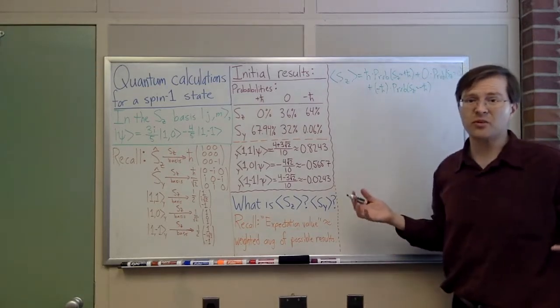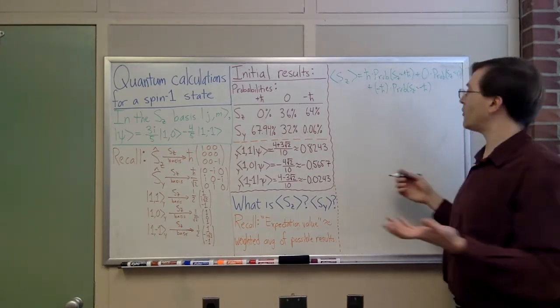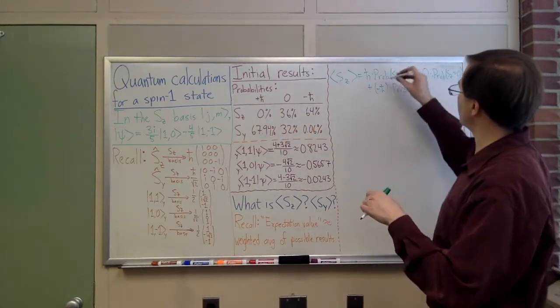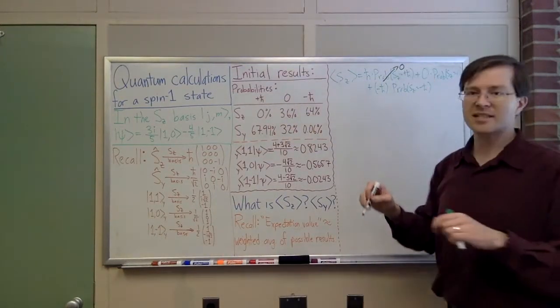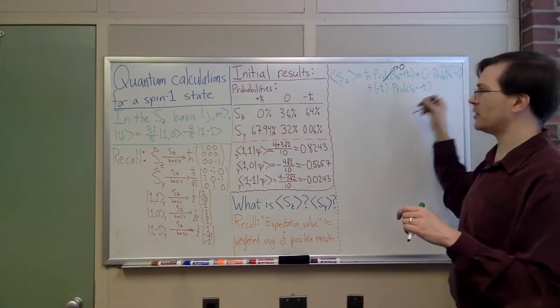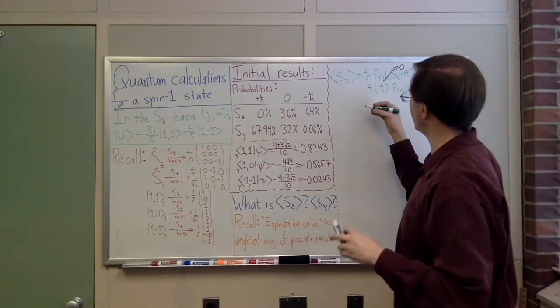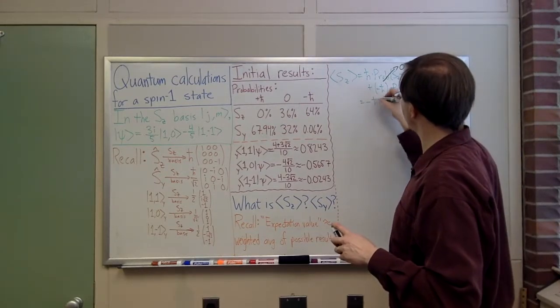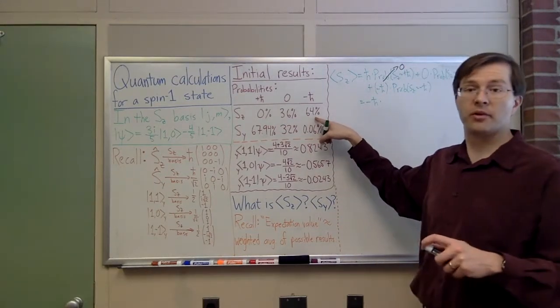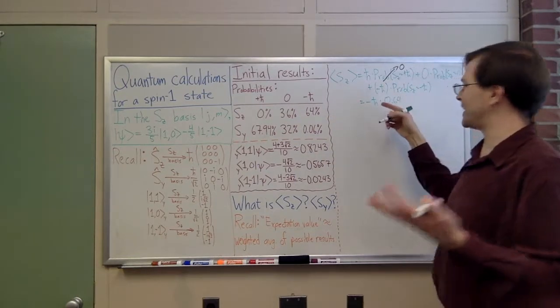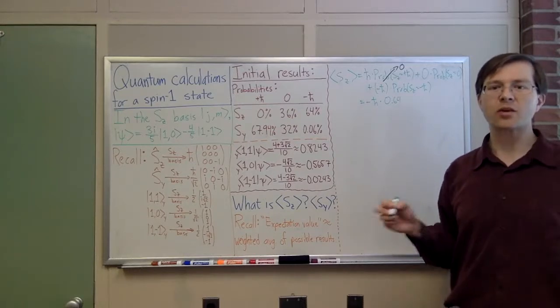That's how we find the expectation value. Now, for our particular case, this comes out very easy because the first probability is 0, and the second term is 0. So this whole thing is just the third term. The expectation value winds up being minus h bar times the probability of getting minus h bar, 0.64, and that's my expectation value. That's the whole thing.